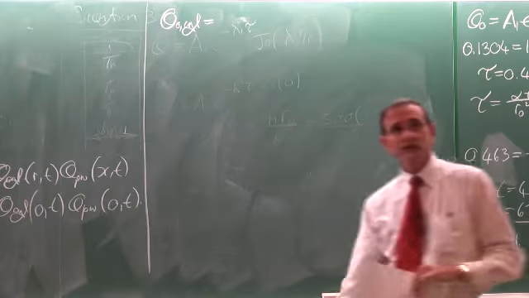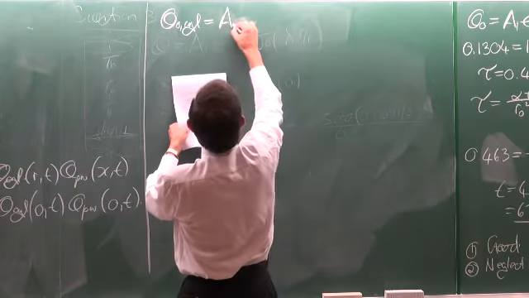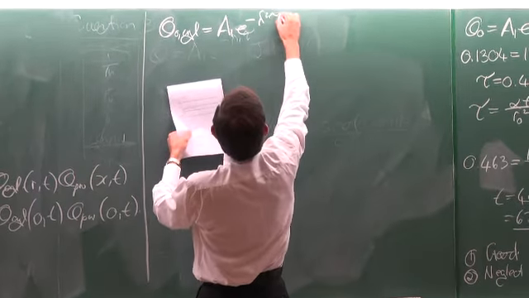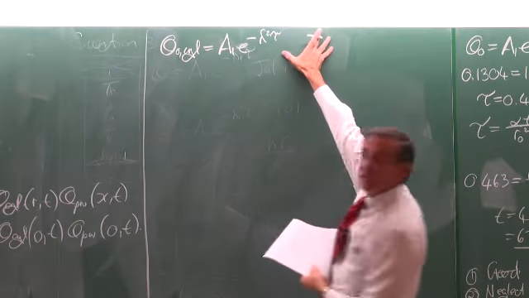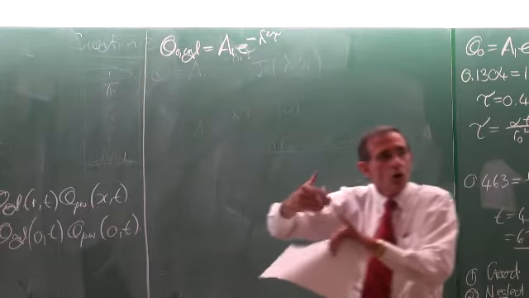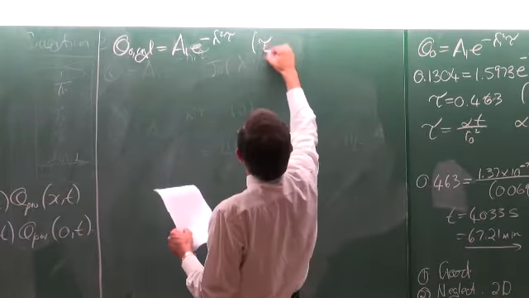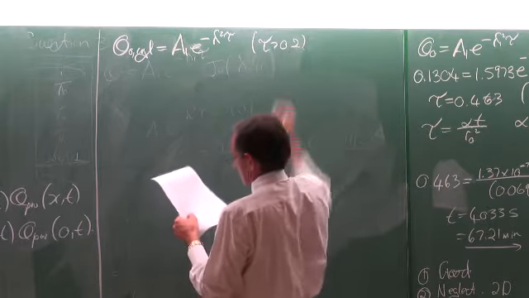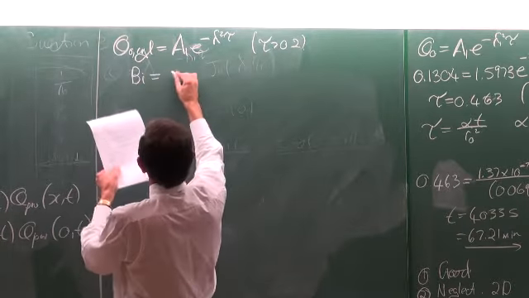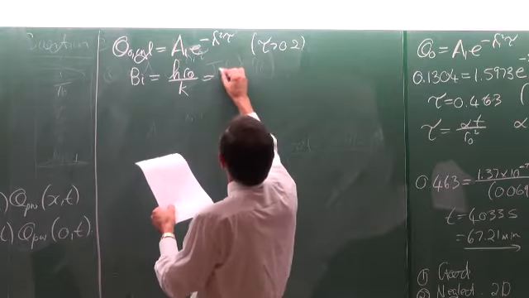I see I'm running out of time, so I'm going to go a little bit faster now. So for a cylinder, it would be equal to A1 e to the minus lambda squared multiplied by tau. Again, these terms disappear because r is equal to 0, and we make the assumption that tau is larger than 0.2. Calculate the Biot number. The Biot number is equal to h r0 divided by k.